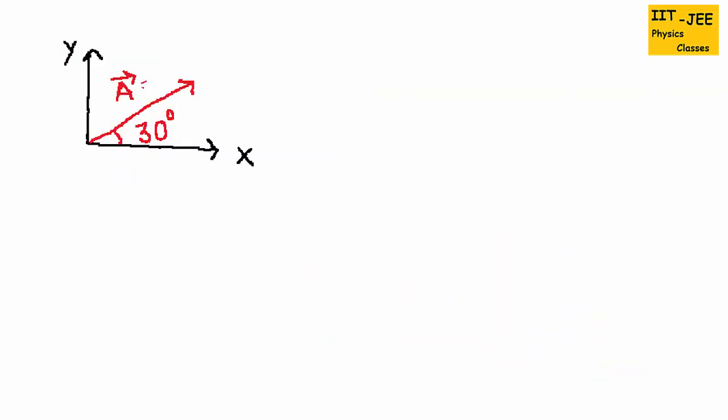Suppose you are given a vector A with magnitude 25 at an angle of 30 degrees from the horizontal, and you have to write this vector A in the ijk form. For that we need to find the x and y components of this vector A. This would be the ax and this would be the ay. First we need to find ax and ay. Ax equals A cos theta, that means 25 cos 30 degrees, which equals 21.65.